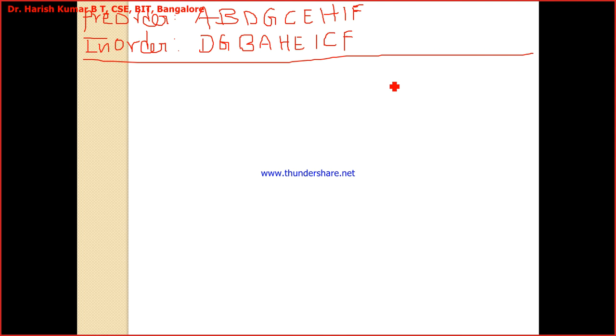Started? Yeah, can anyone tell what is step 1? Okay. Root node is A, and to the left, what are the nodes that can take the position towards the left subtree of A?